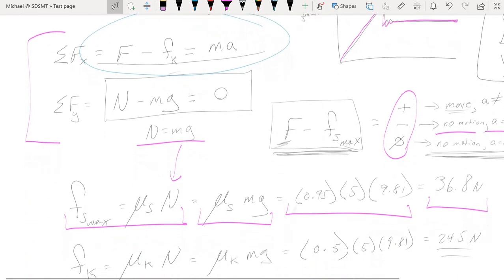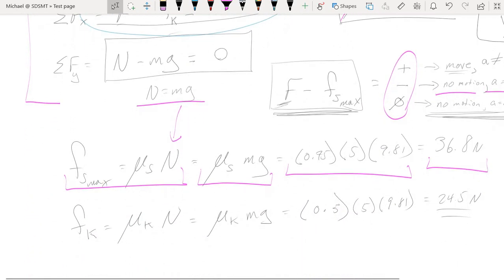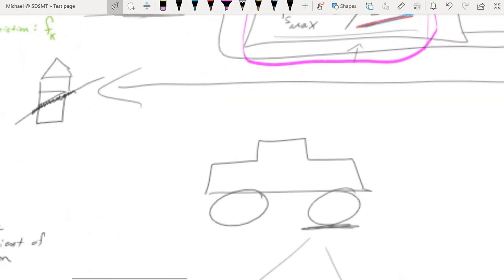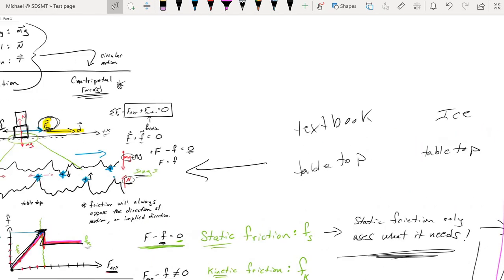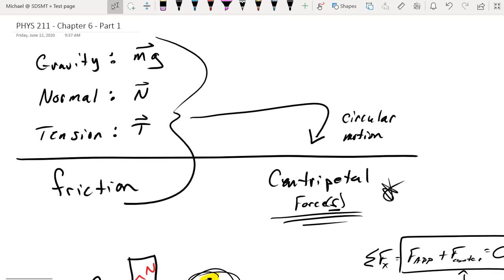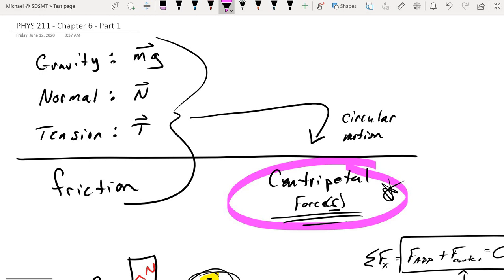But a couple of example problems with friction in the next video, and then we'll put everything together in terms of all the forces that we've got so far, and then we'll see how some of these forces can cause circular motion to occur.